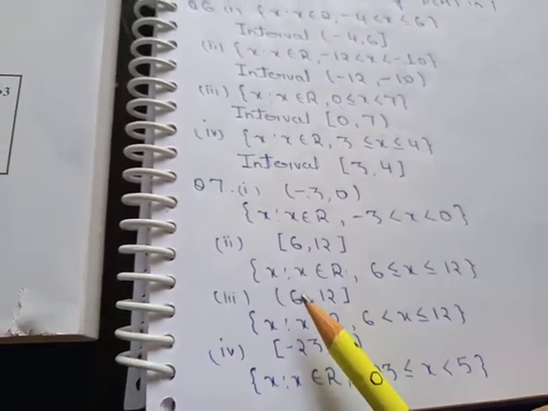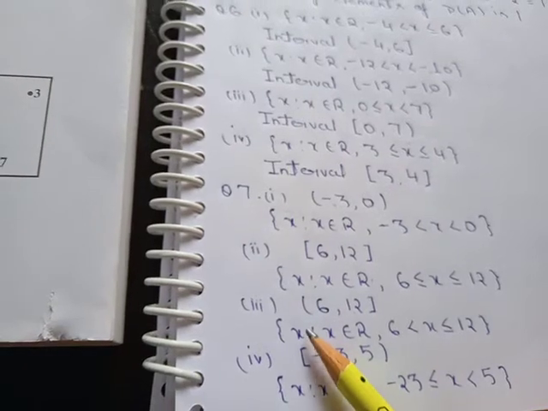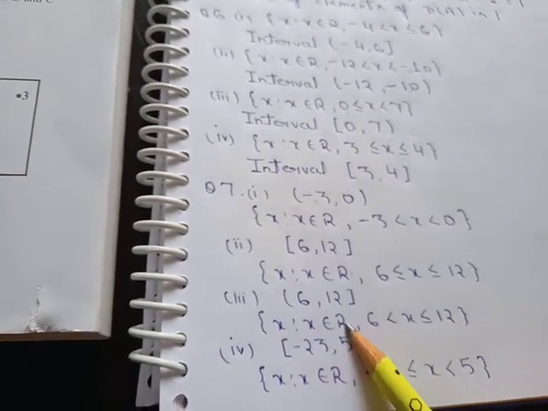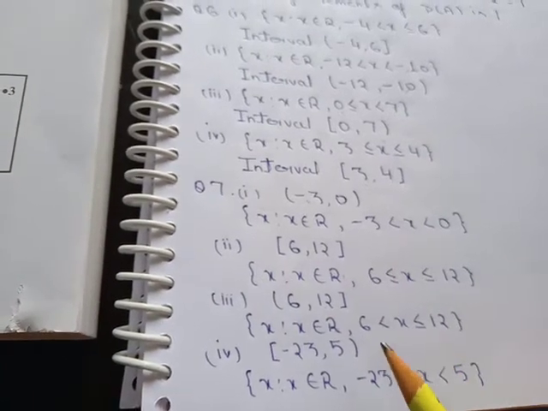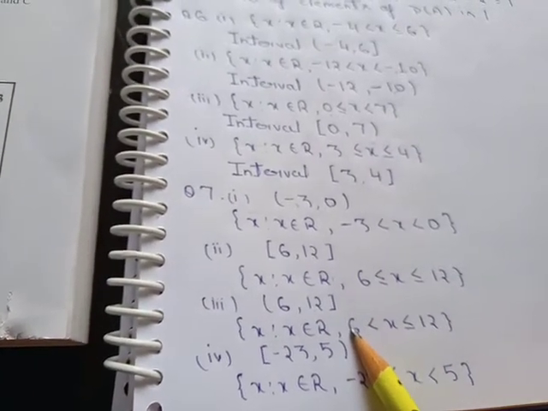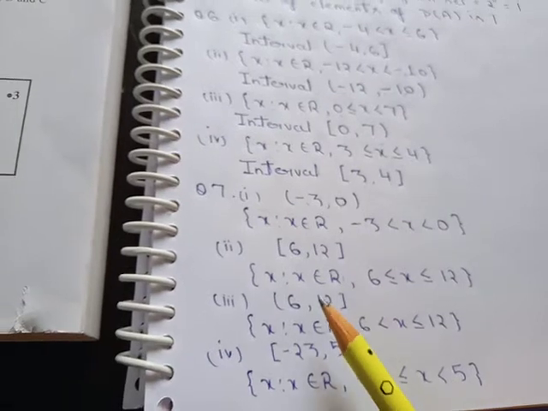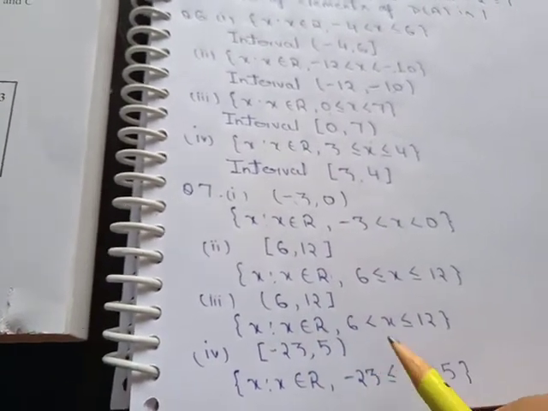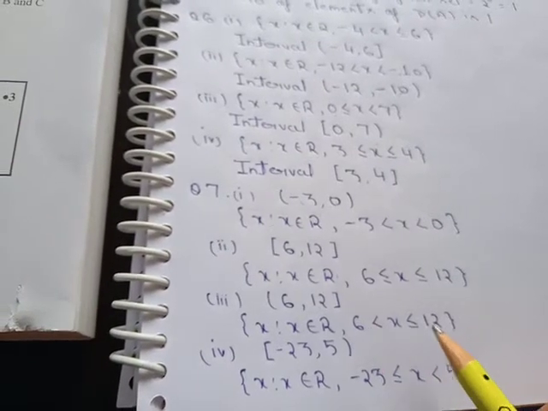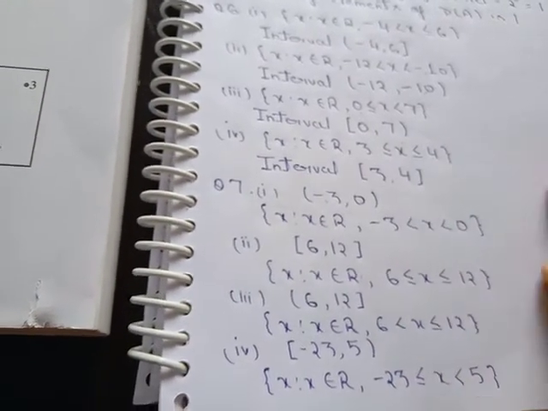It means the set builder form is x such that x belongs to R and 6 less than x less than or equal to 12. It means 6 is not included in this interval and 12 is included, and all the elements between 6 and 12 are included in the given interval.